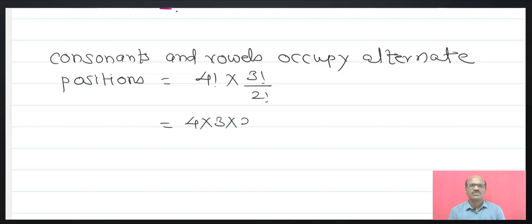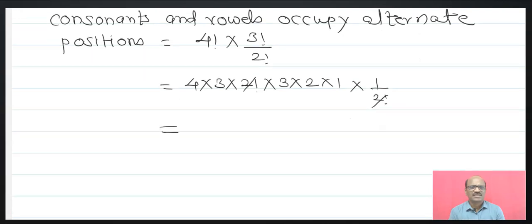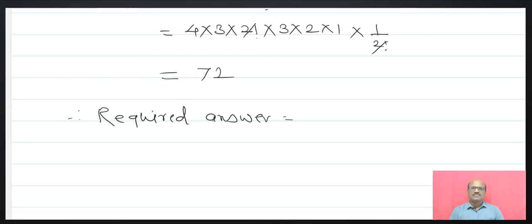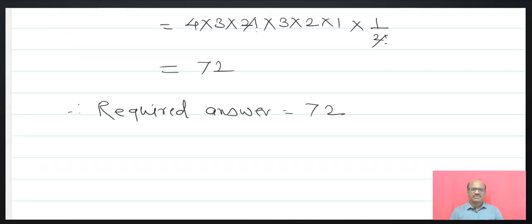That is 4 into 3 into 2 into 3 factorial upon 2 factorial. Now these get cancelled and you will get the correct answer. That is 72. Therefore, the required answer is equals to 72.